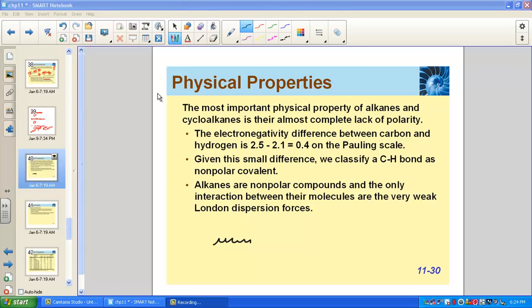We can even see that if we were to subtract carbon and hydrogen using the Pauling scale, finding an electronegativity difference of 0.4 puts it almost exactly in a nonpolar region. So the bonding between a carbon and a hydrogen is almost equivalent, a very even shared pair of electrons. Given that very small difference, we do indeed classify a carbon-hydrogen bond as nonpolar.